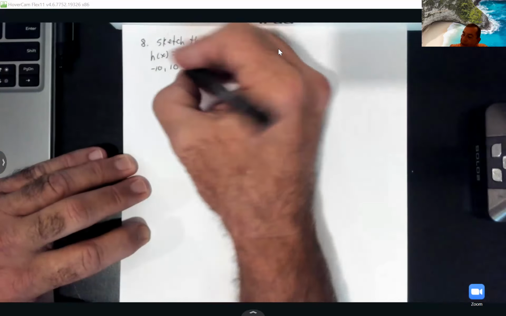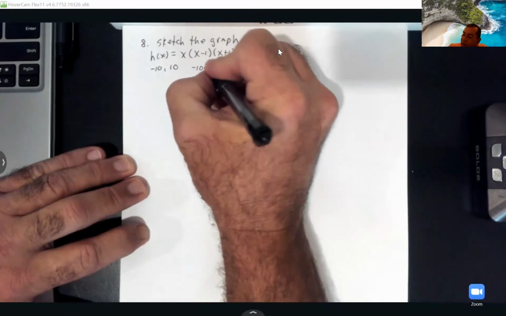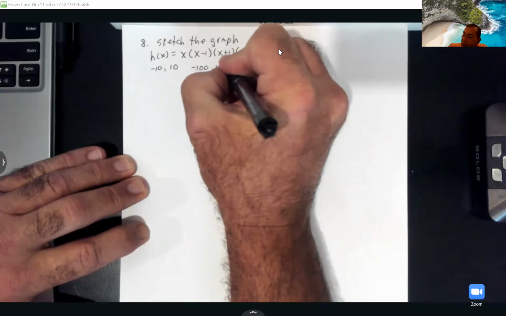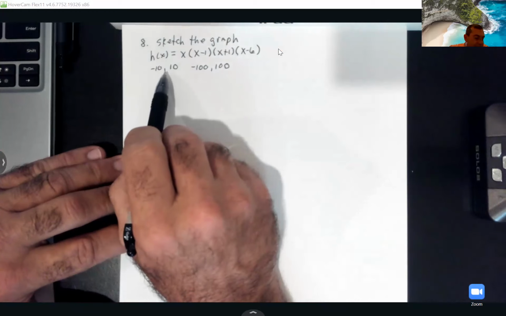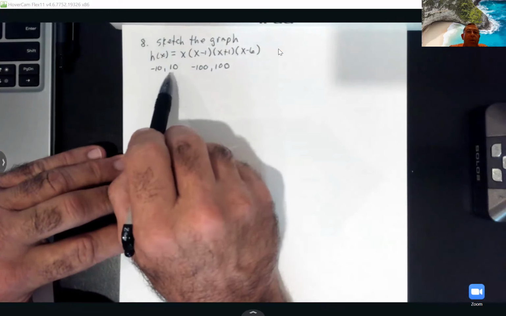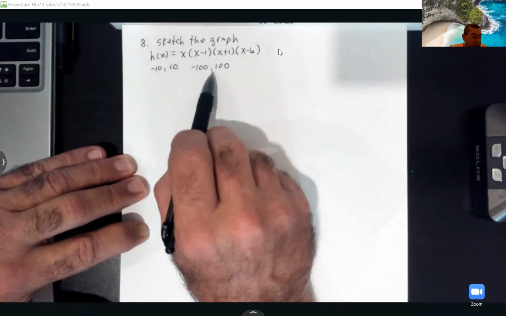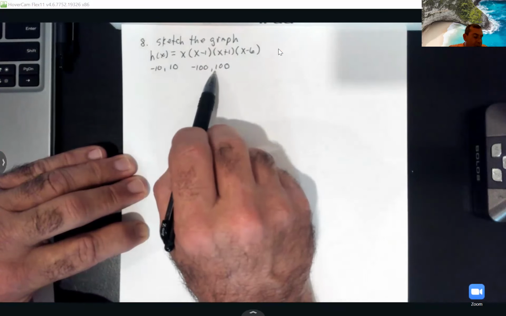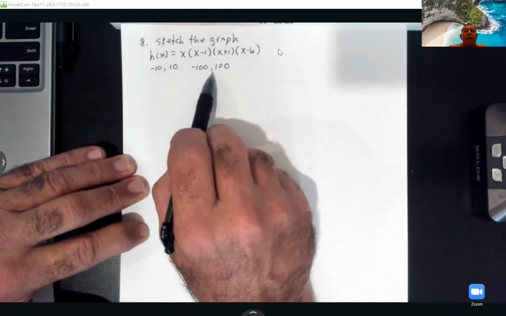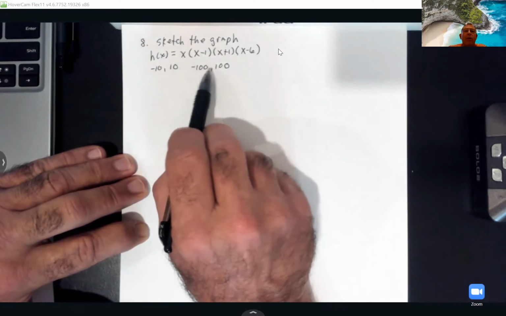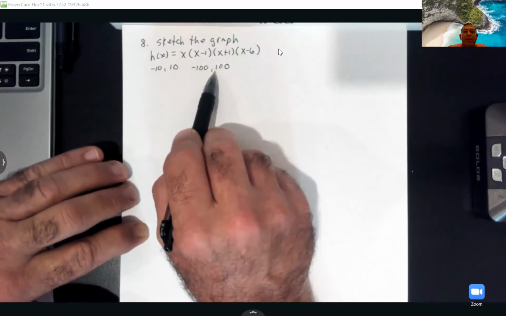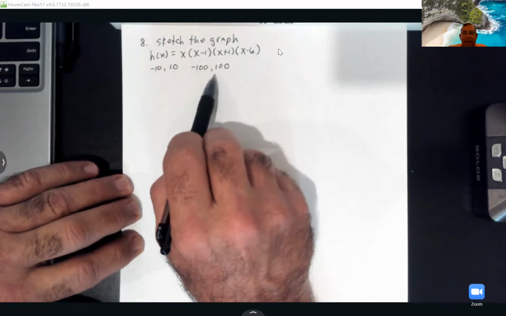The y values go from negative 100 to a positive 100. And it looks like the x's are going by ones. The y values, there's 10 marks, so they're going by tens on them. So I'll set the scale for the x's at 1. I'll set the scale for the y values at 10.